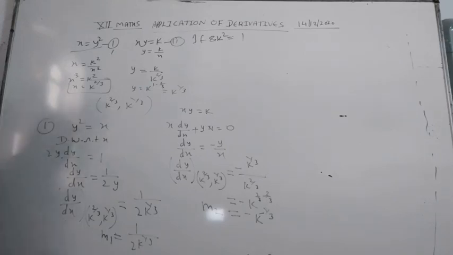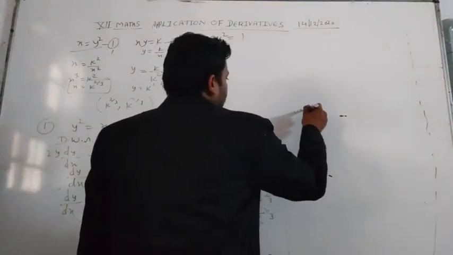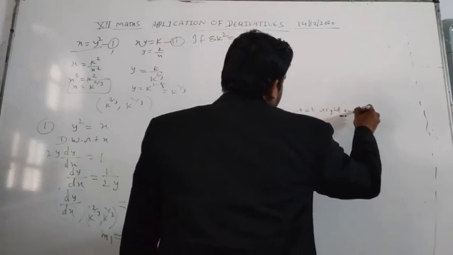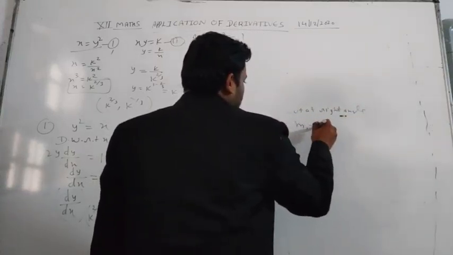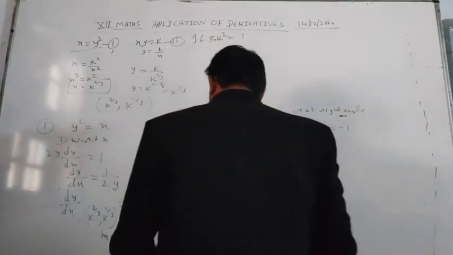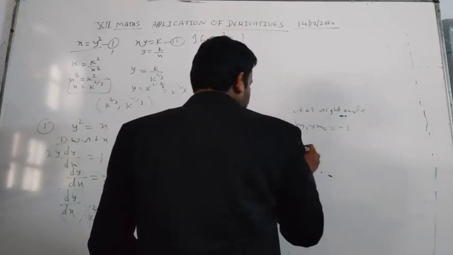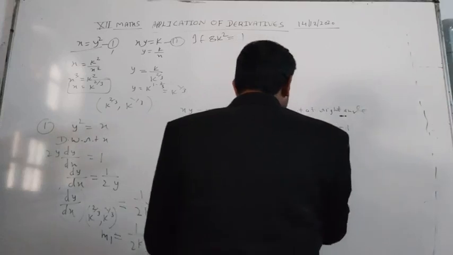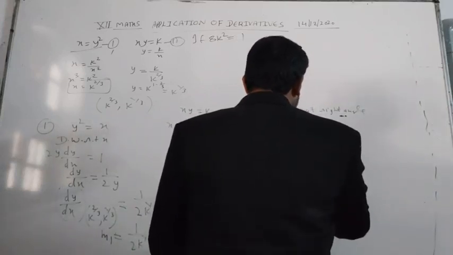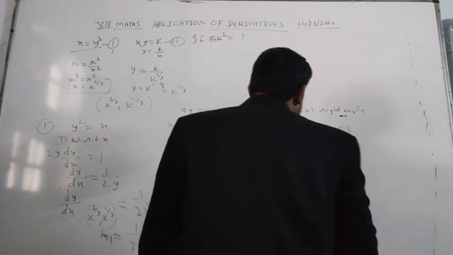Now we know that both the curves cut at right angle. Okay, student, so m1 into m2 is equal to minus 1. So m1 is 1 by 2 k to the power 1 by 3 into m2 with negative sign, minus k to the power minus 1 by 3. This negative and negative sign will cancel from here.